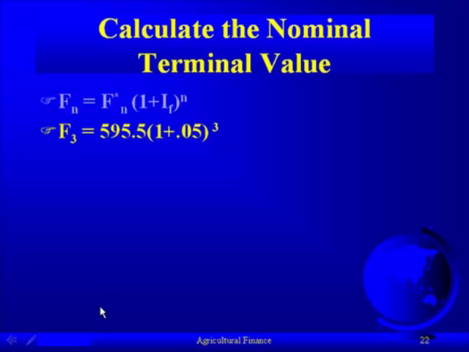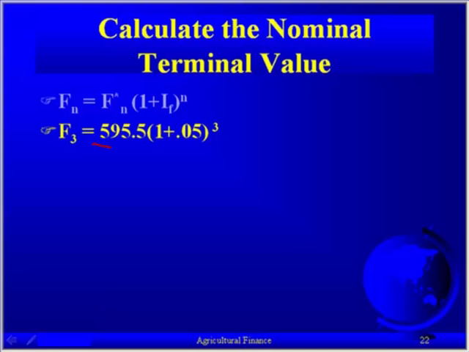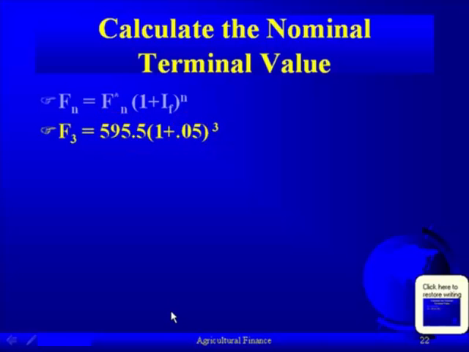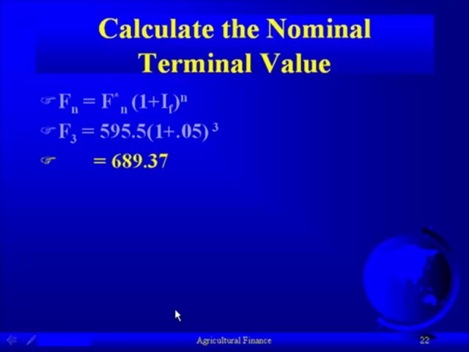So in this particular case, we calculated the real price of land at $595.5. We're going to compound that at the rate of inflation for the 3 periods to come up with the actual nominal value. And it turns out to be $689.37.